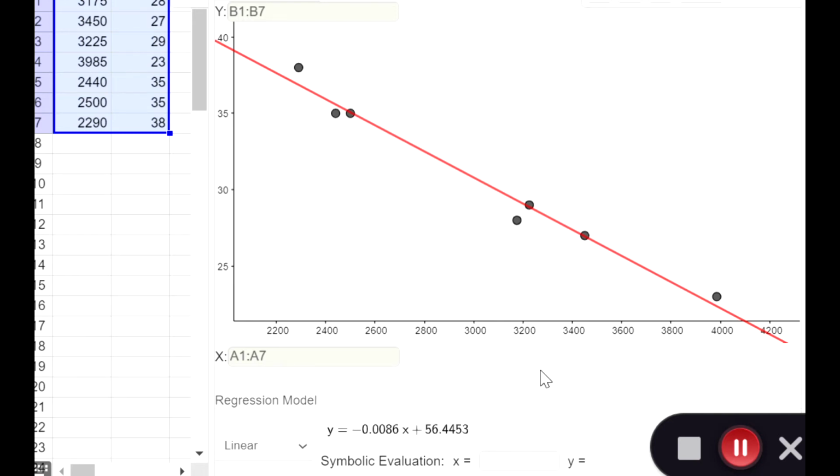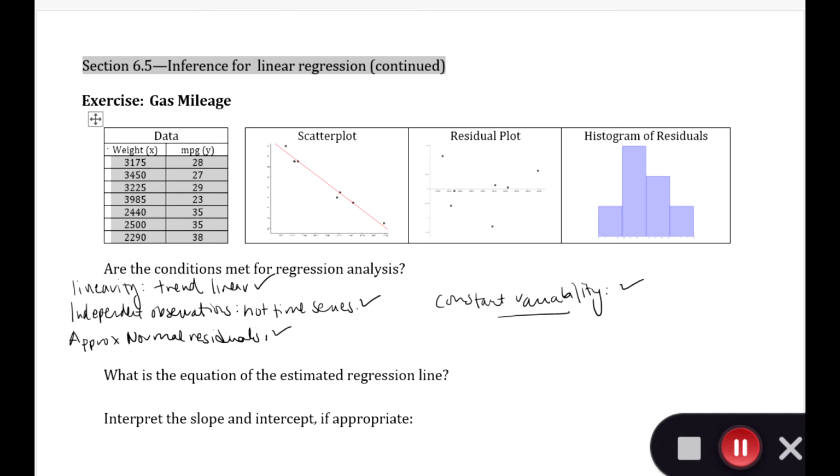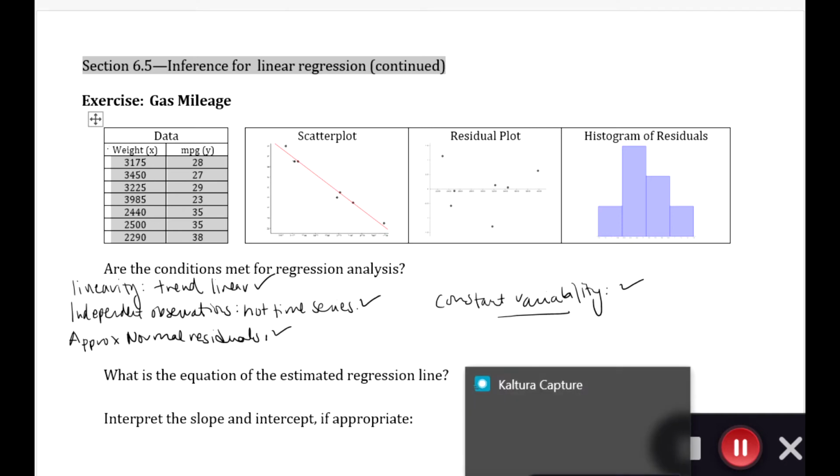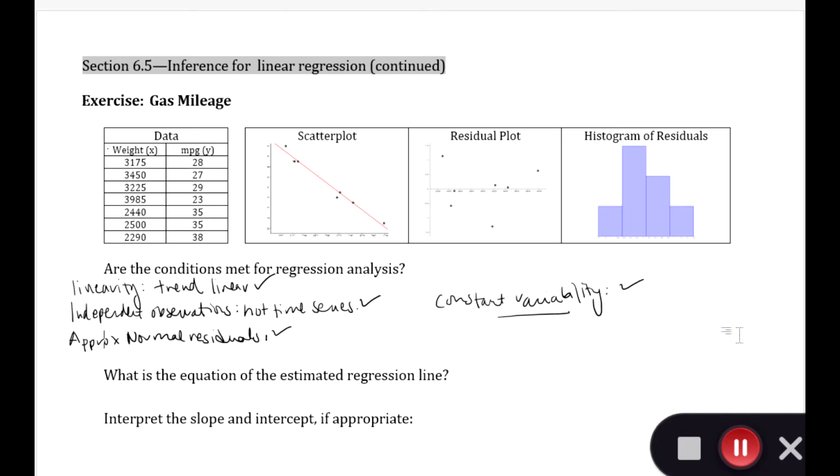So our regression equation is going to be y hat equals negative 0.0086 x plus 56.45.